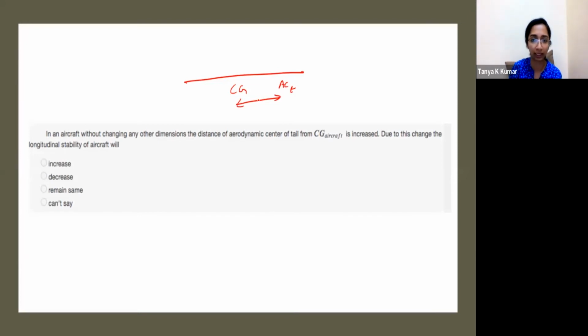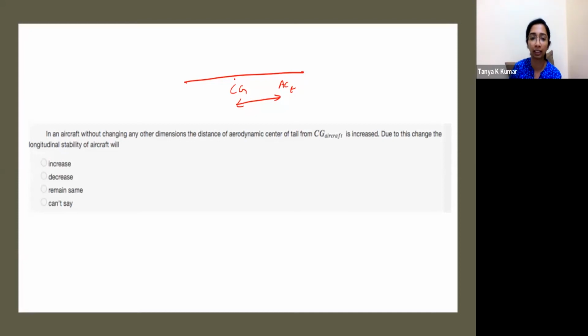Increase, yes, increase is right. The larger the moment arm, the larger the restoring moment produced at the CG. So when this distance increases, the moment arm increases and the total pitching moment at CG due to the tail increases.